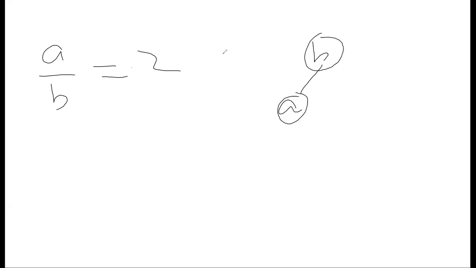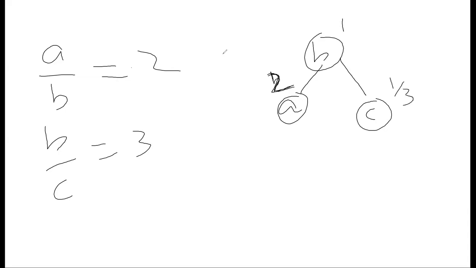So B has a value 1 and A will have a value 2. Same with B by C is equal to 3. So you can create another structure where now C is the parent and B has a value of 1. So you can't represent it together.